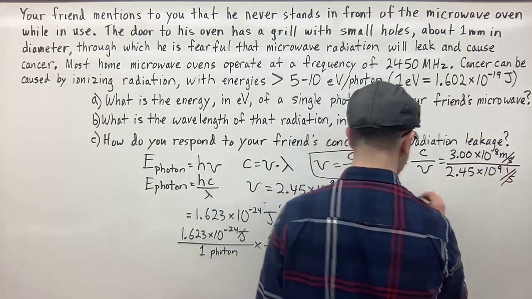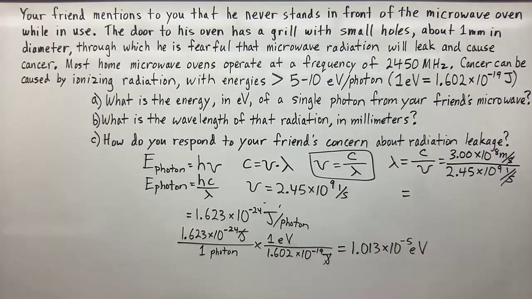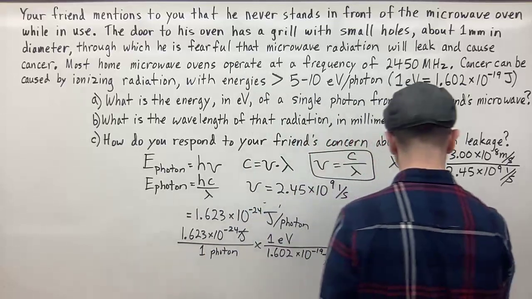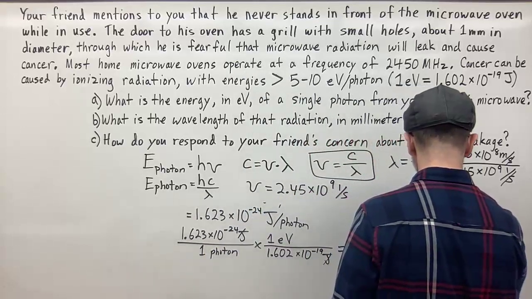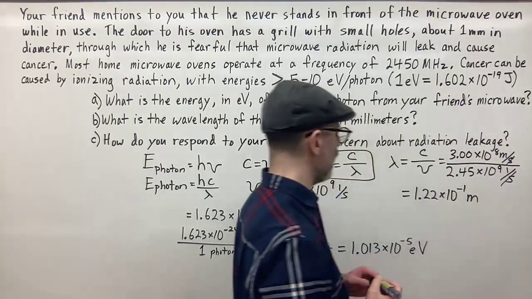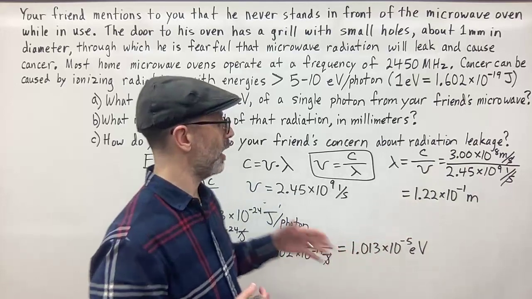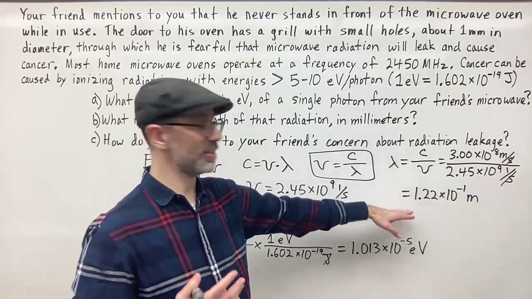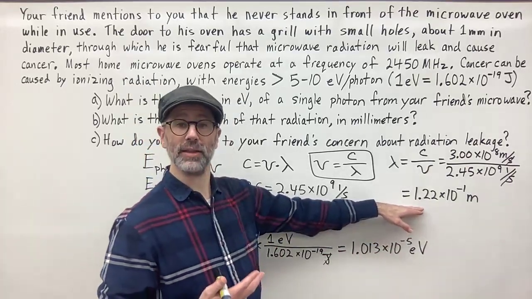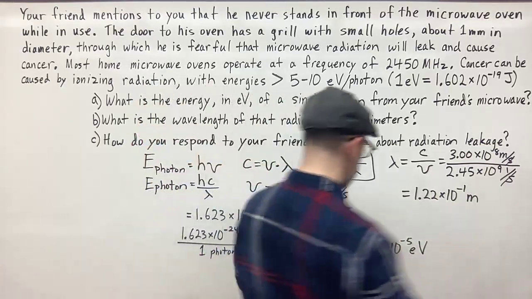And so when I calculate that, I get 1.22 times 10 to the negative 1 meters. And normally you would write this in nanometers, but since this is a pretty large wavelength, we're going to convert this to millimeters because that's what they're asking for.